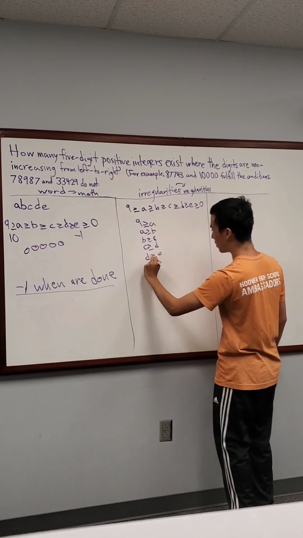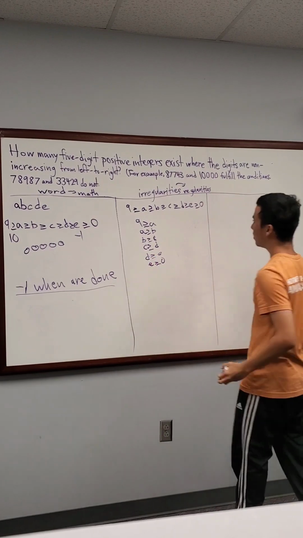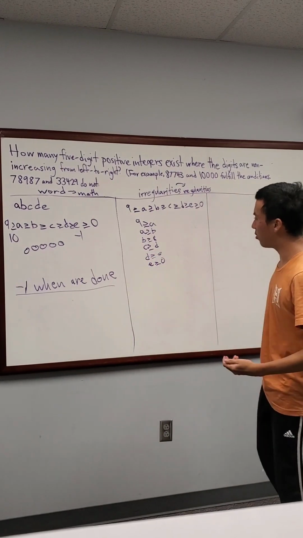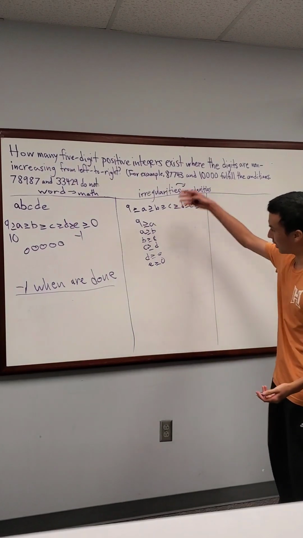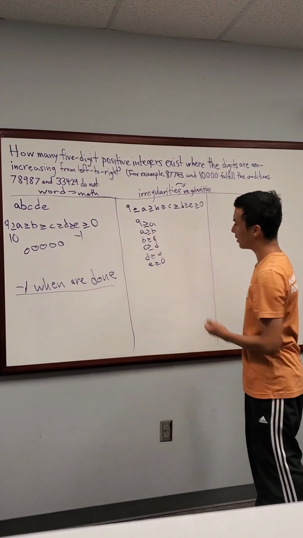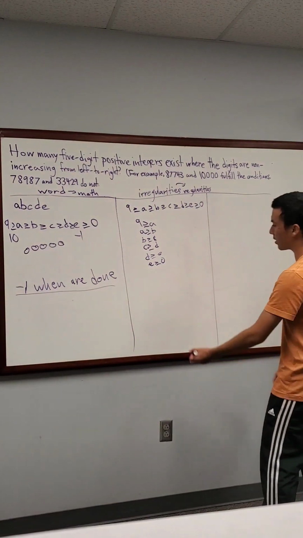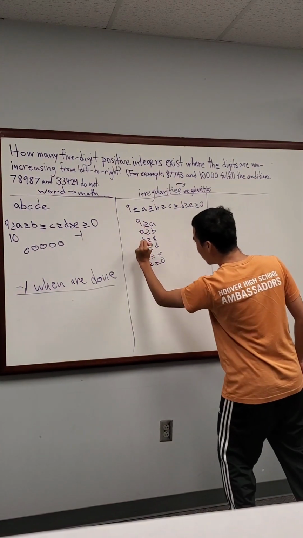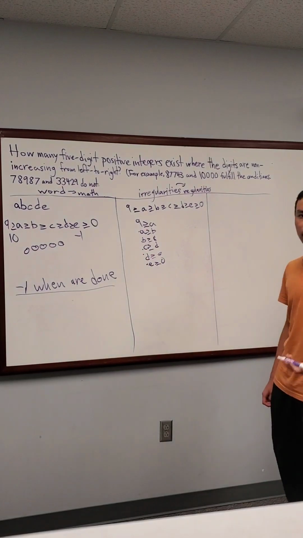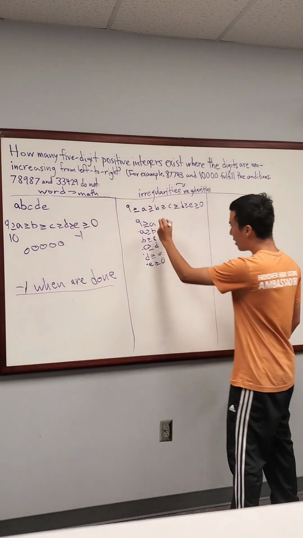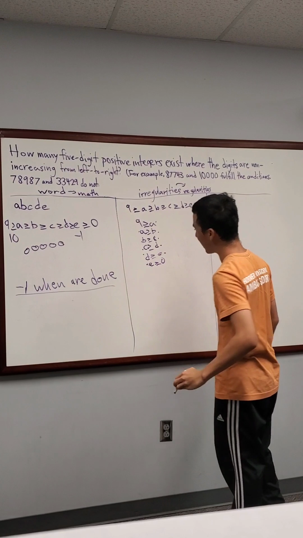I haven't even done anything yet, this is just a preliminary step. I'm going to convert all of these to the base inequalities. So 9 is at least A is at least B, all the way to E is at least 0, right? We see here we have all of these variable left-hand sides, and we also have all these variable right-hand sides.